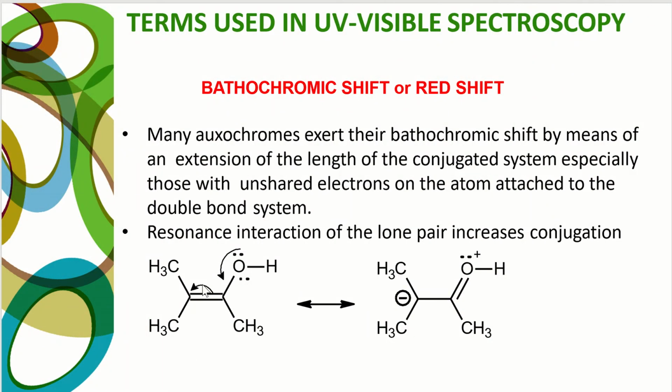All right, so as we can see here, we have a double bond and we have our oxygen here. So our lone pair can form two canonical structures here, showing the delocalization of electrons, where we can form a double bond here and form a negative charge here.